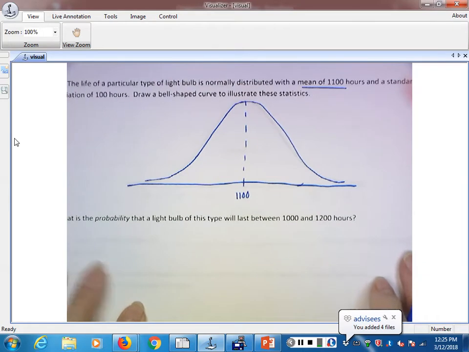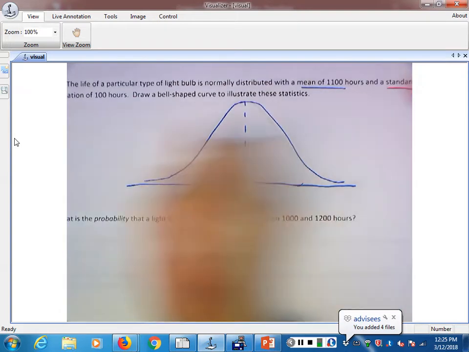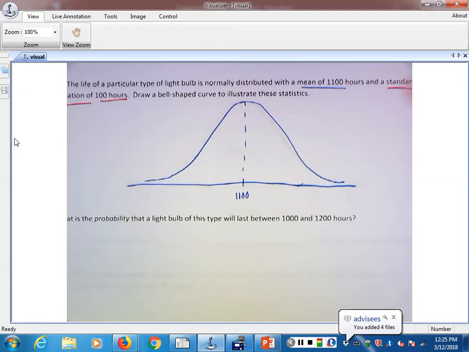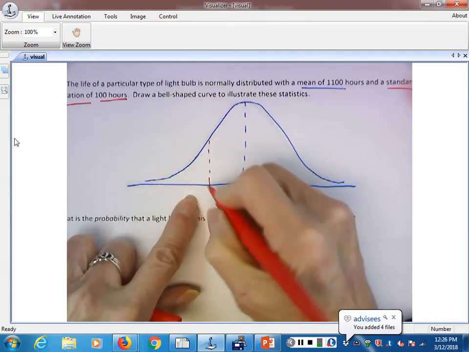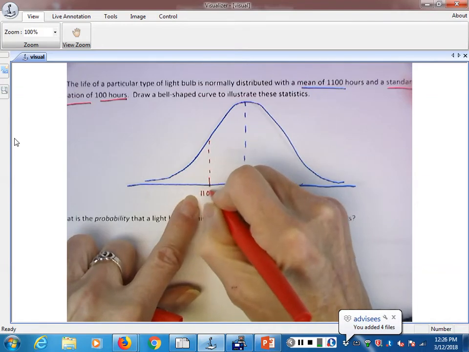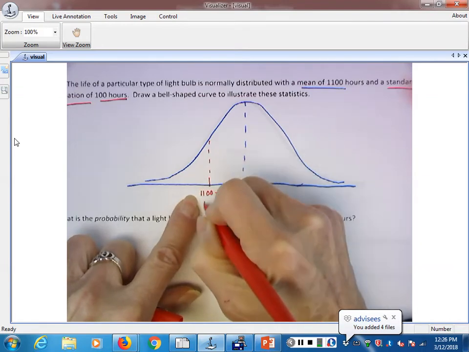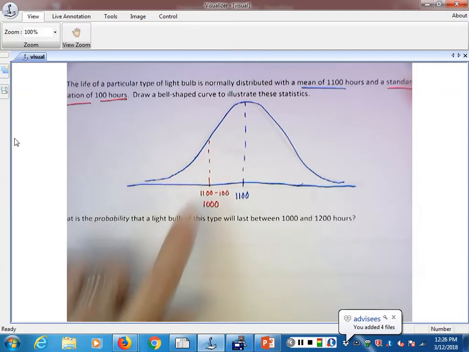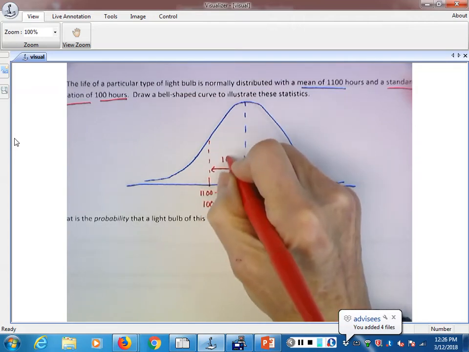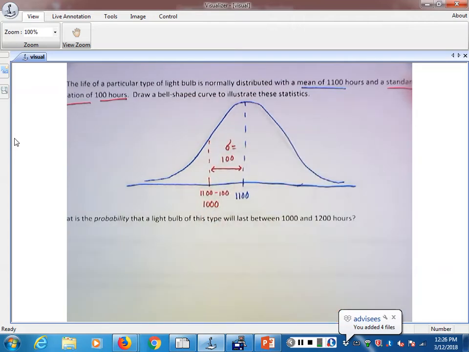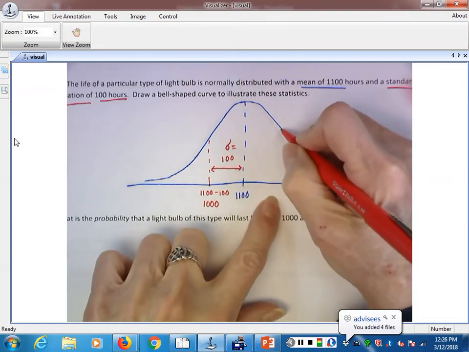And when it tells me the standard deviation is 100 hours, that means that mark below is 1,000 hours because this distance right here is 100. And the same thing on this side.